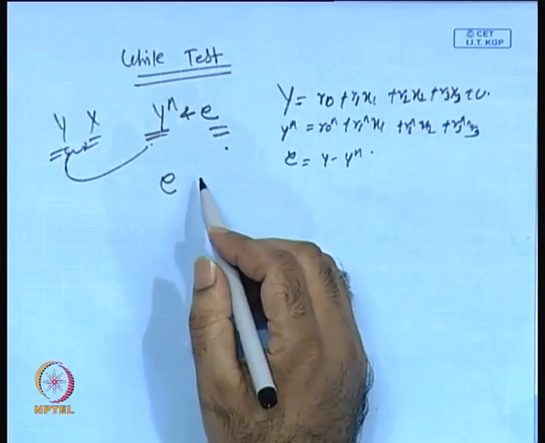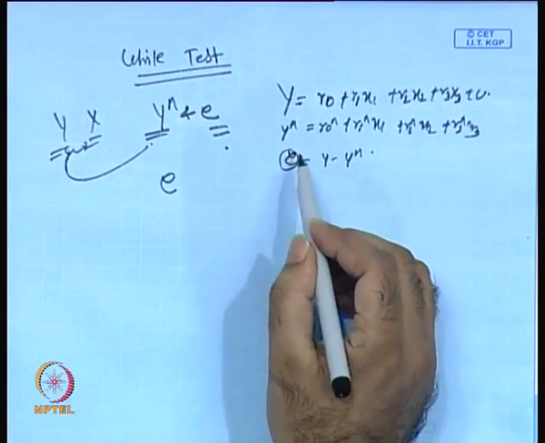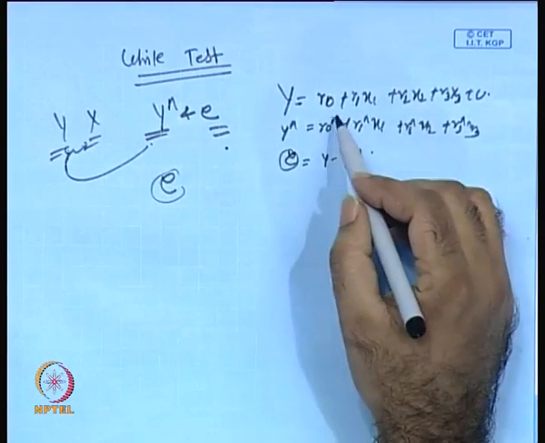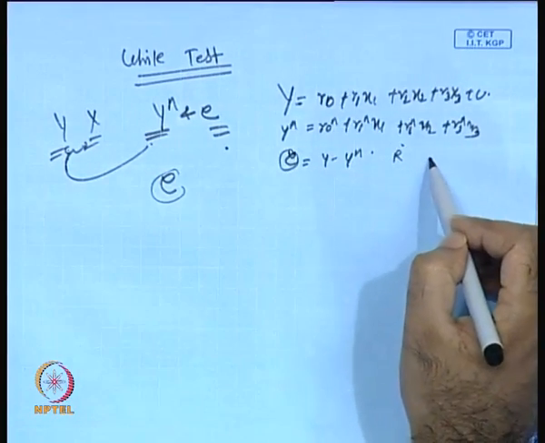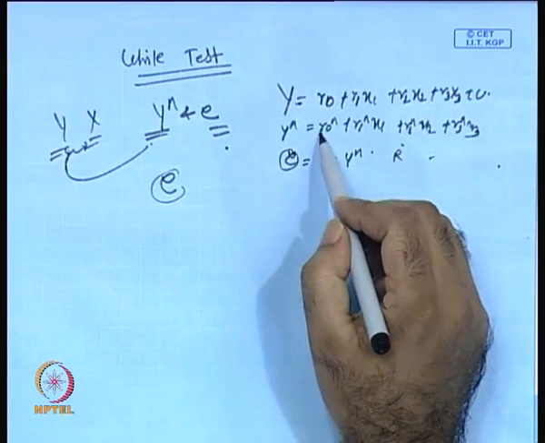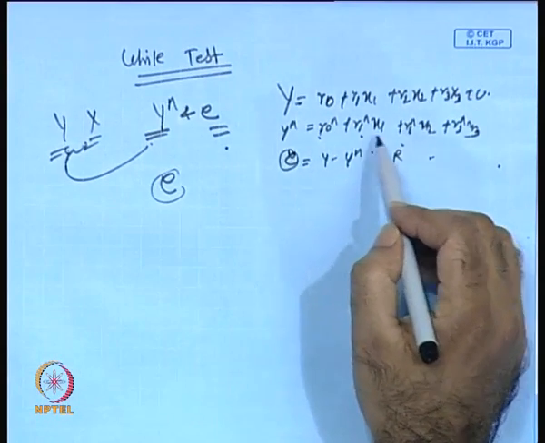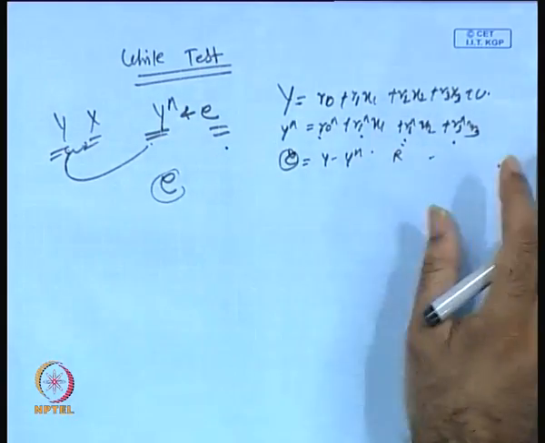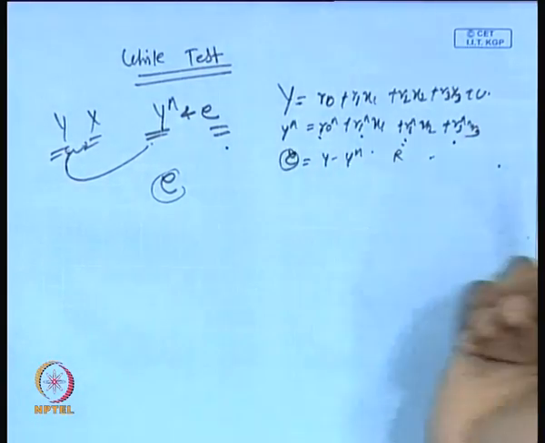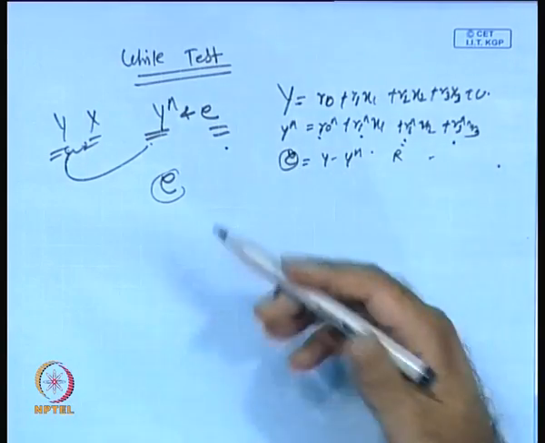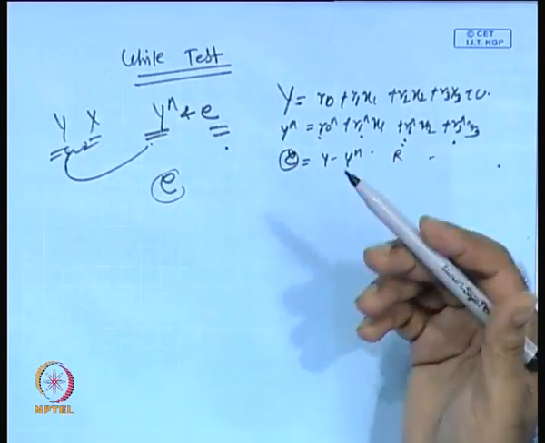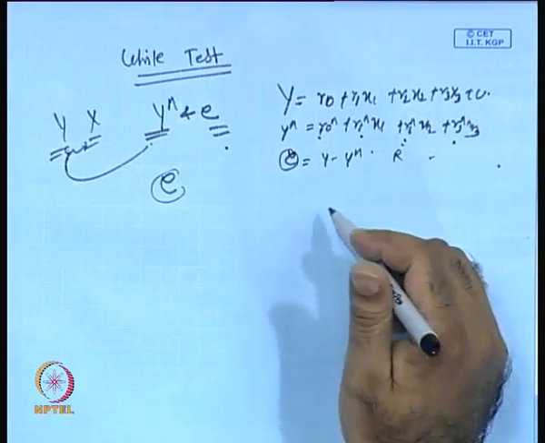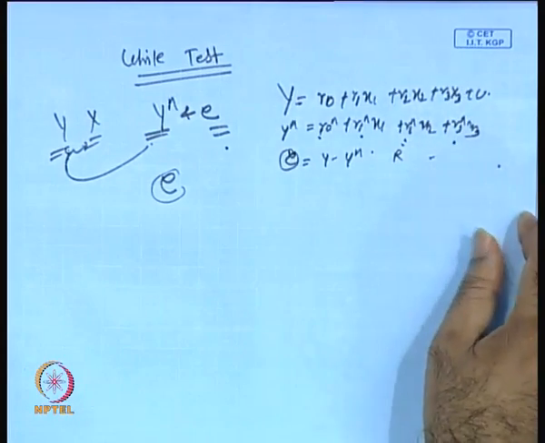The moment you get e, of course the R square is high and F is statistically significant, and gamma 0, gamma 1, gamma 2, gamma 3 are all significant at the higher level. Still you need to have the heteroscedasticity check.